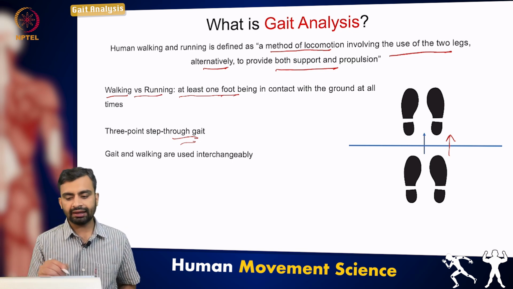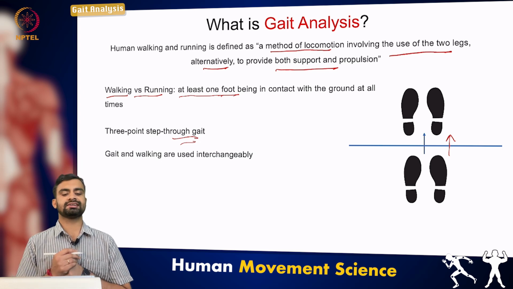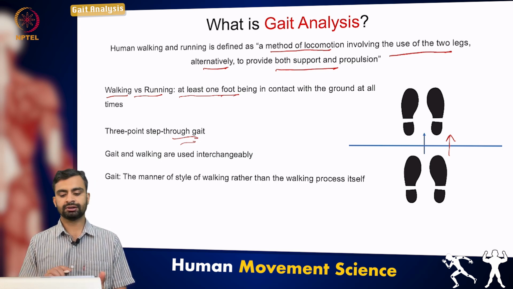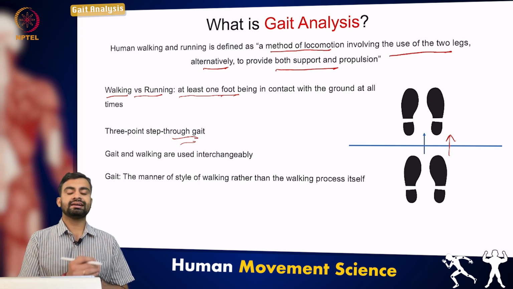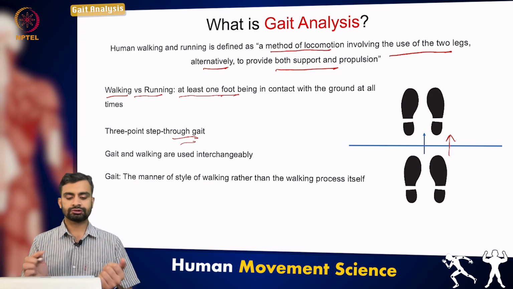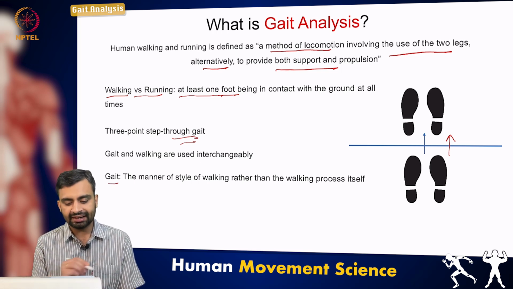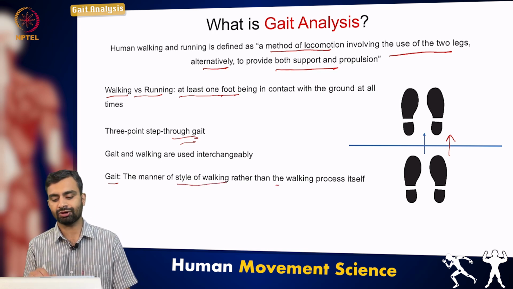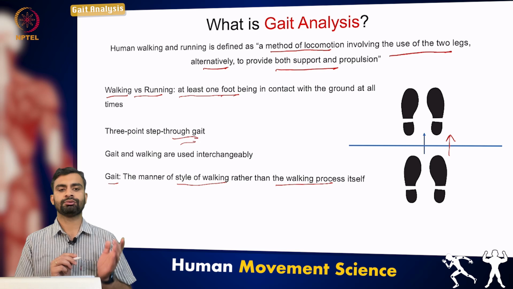In human motion analysis, we use gait and walking very interchangeably. However, they are not exactly the same thing. Gait is nothing but the manner or style of walking rather than the walking process itself. Why?